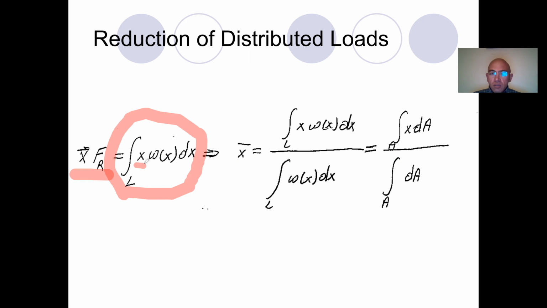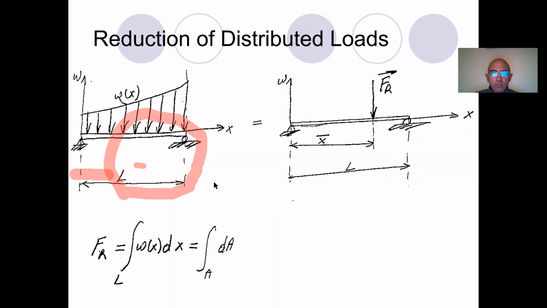In fact, the distance between the point load at any location, so here, to the origin is x.